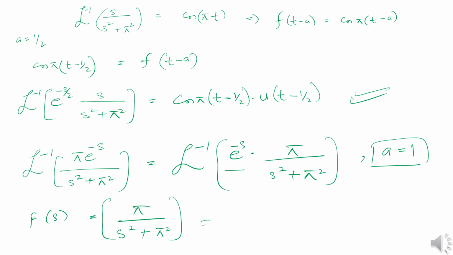So now I will find the inverse transform. The inverse transform of pi over s squared plus pi squared is very simple. That will be equal to sine pi t. Now the next step is to find the function of t minus a. So function of t is sine pi t.